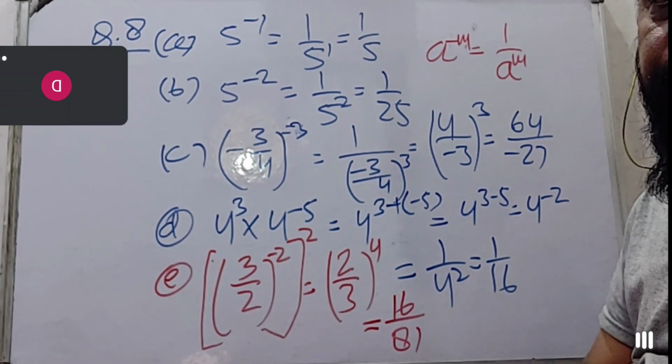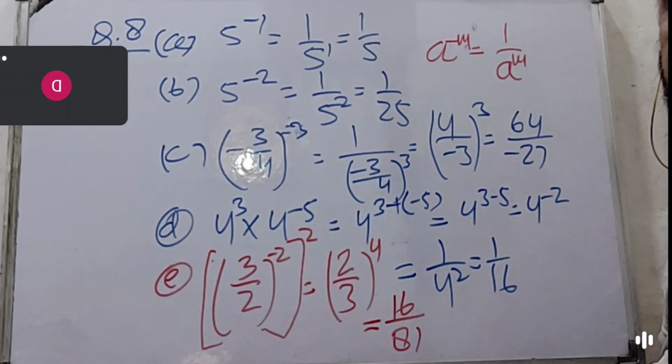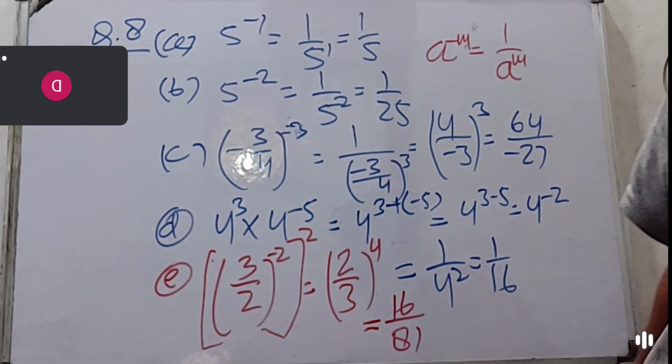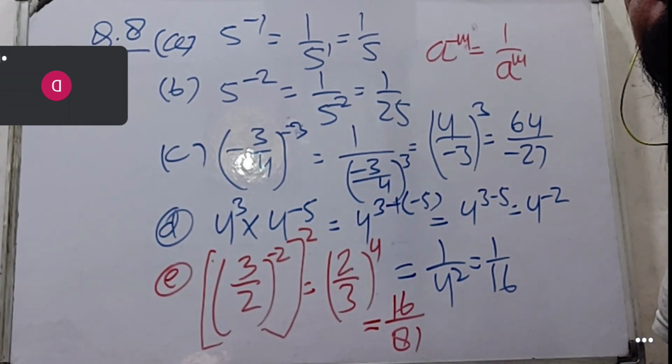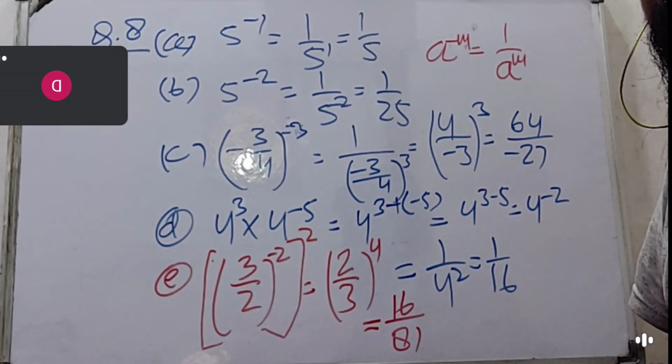It's 16 upon 81, right? 16 upon 81. This is the answer. So this was question number 8. So do the next now.